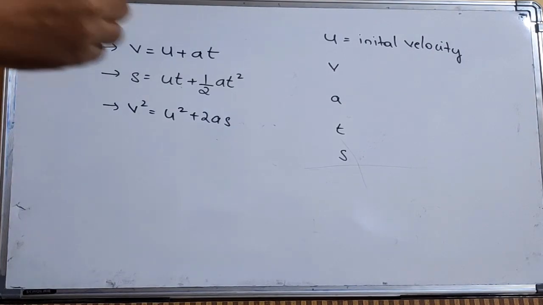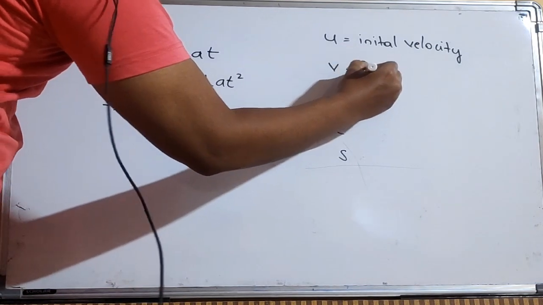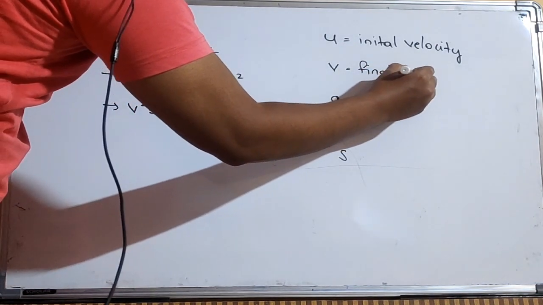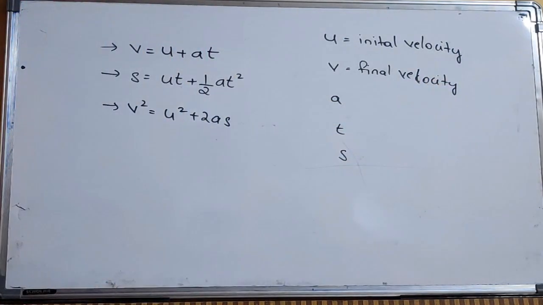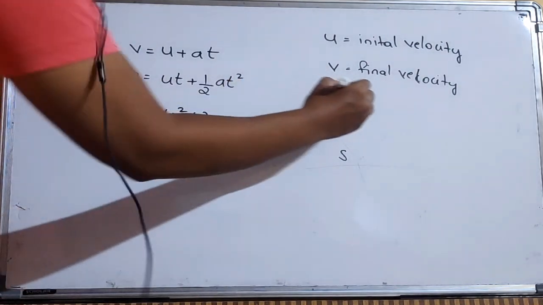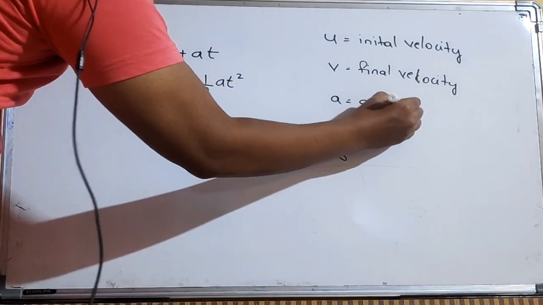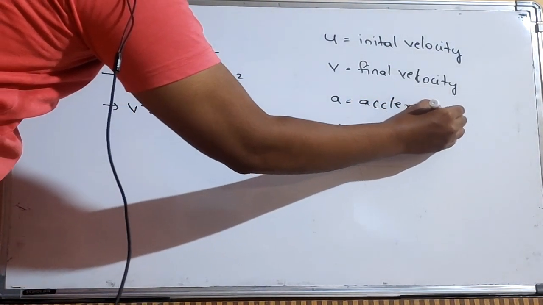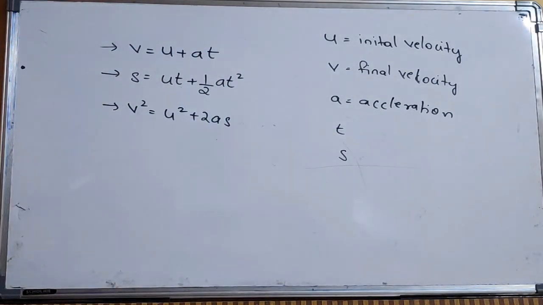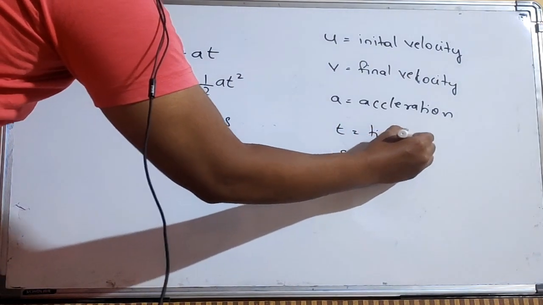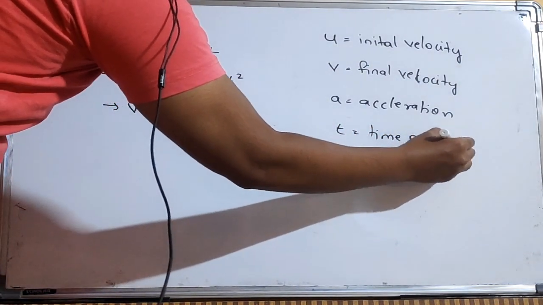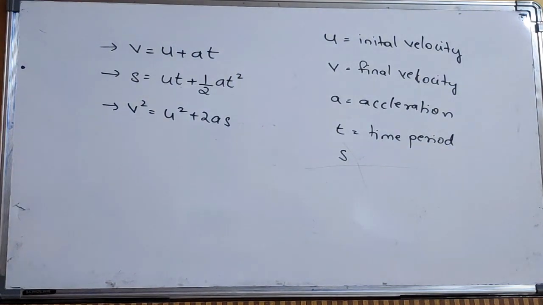v is the final velocity. a means acceleration. t is the time period.